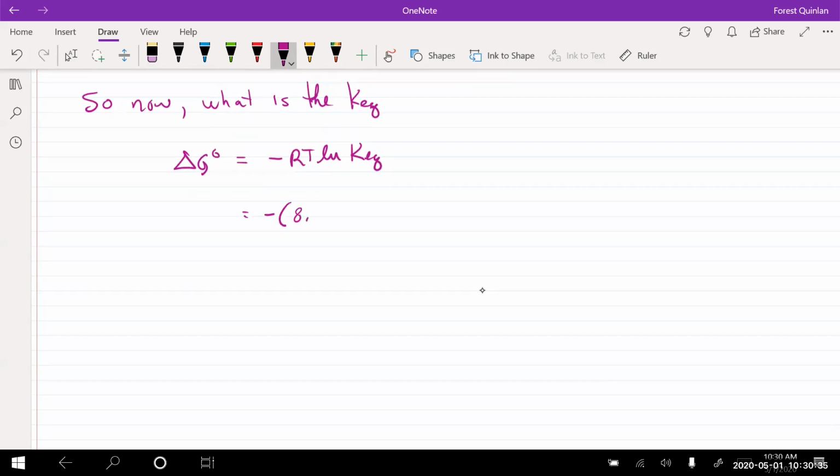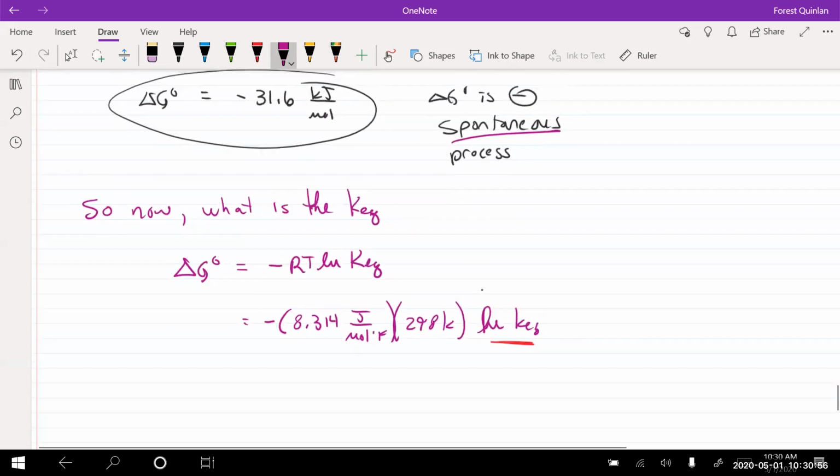We get negative 8.314 joules per mole Kelvin, at 298 Kelvin, times the natural log of the KEQ, which is what we're looking for. And that's equal to our delta G naught, which is negative 31600 joules per mole. Again, I went from kilojoules to joules just to make sure those all match up.